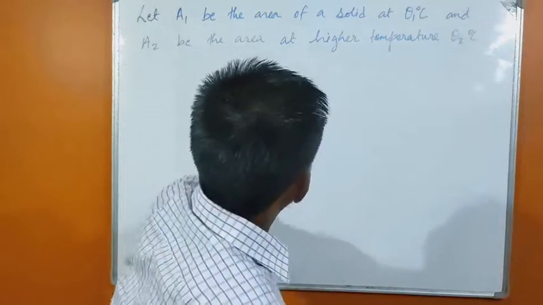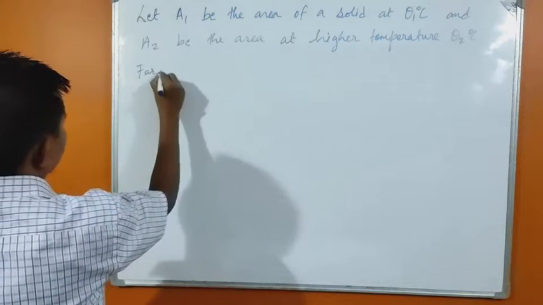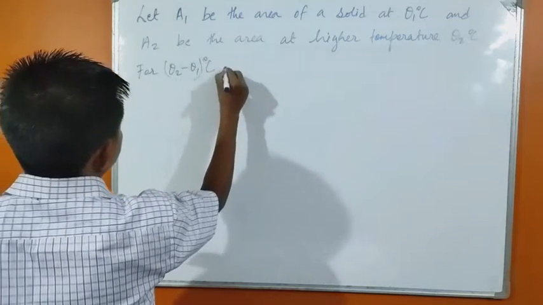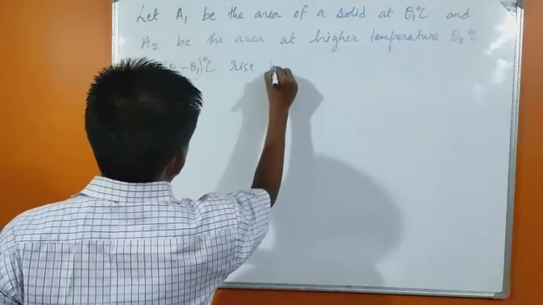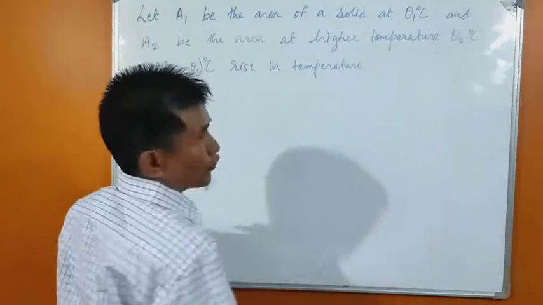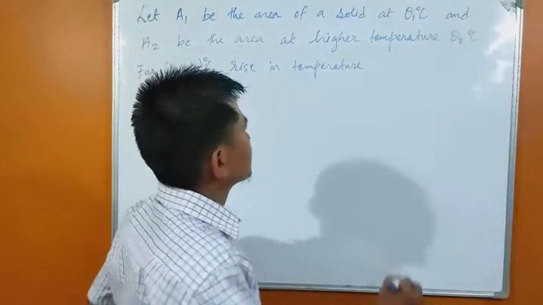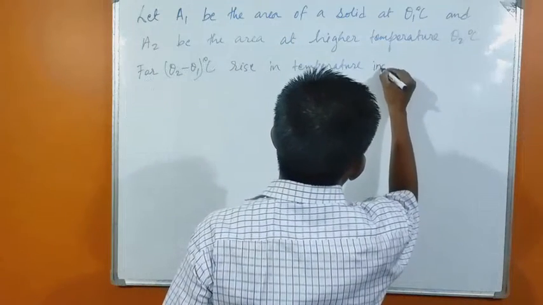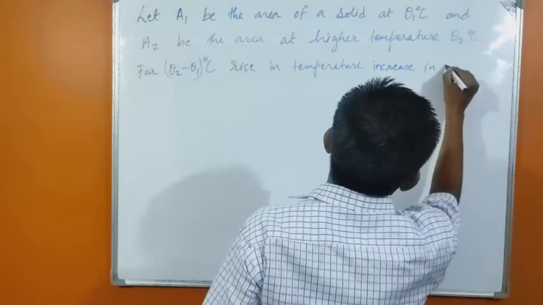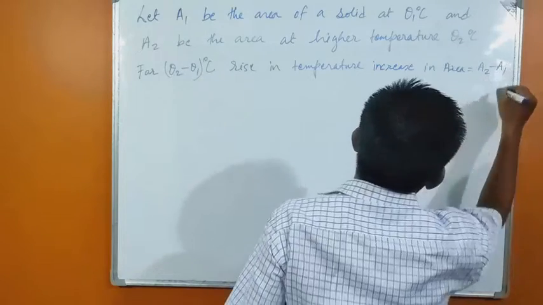Now let me deduce. For theta 2 minus theta 1 degree Celsius rise in temperature, I hope you are getting my point, the increase in area is equal to A2 minus A1, isn't it?